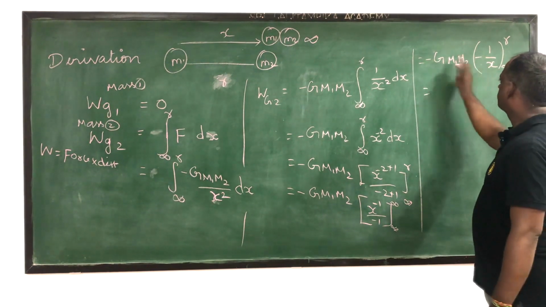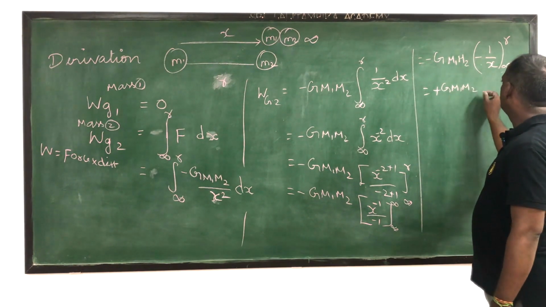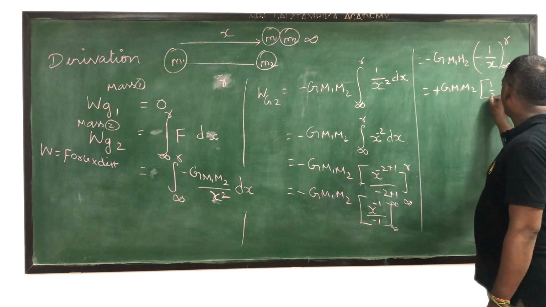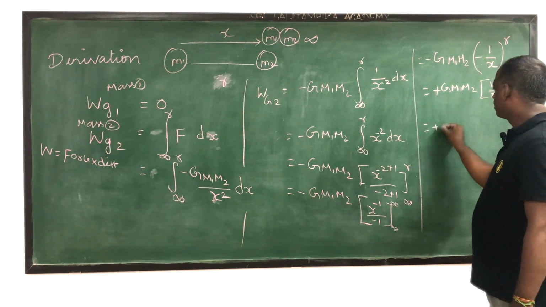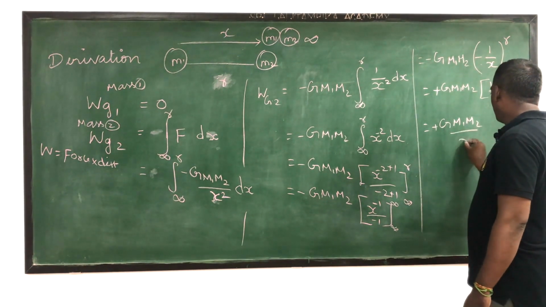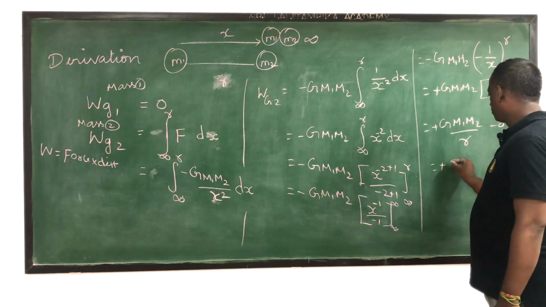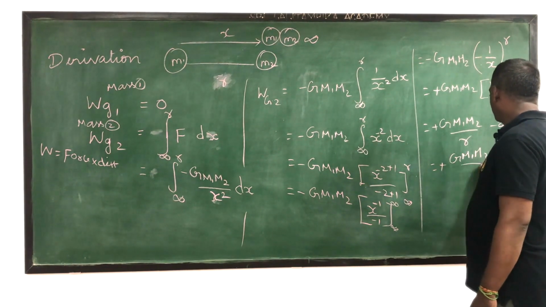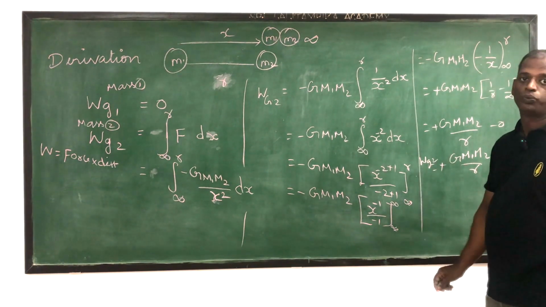So here minus minus plus, plus G m1 m2, x பத்தி நம்ம சப்ஸ்டிட்யூட் பண்ணா 1 by r minus 1 by infinity, that is plus G m1 m2 by r, இது வந்து 0, which is equal to plus G m1 m2 by r.